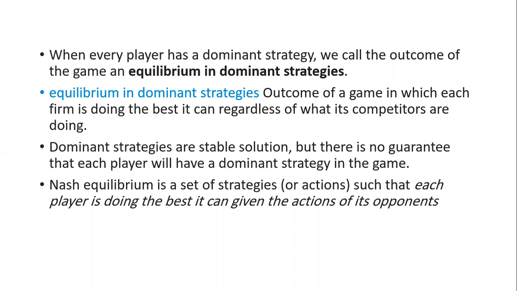A dominant strategy is the strategy which is best no matter what the other does. But Nash equilibrium represents the set of strategies which is best for a player given the actions of his opponent.